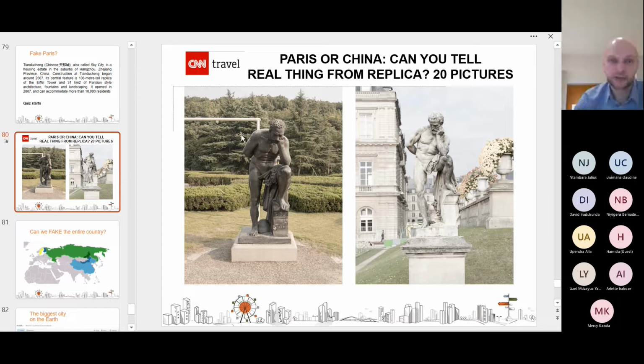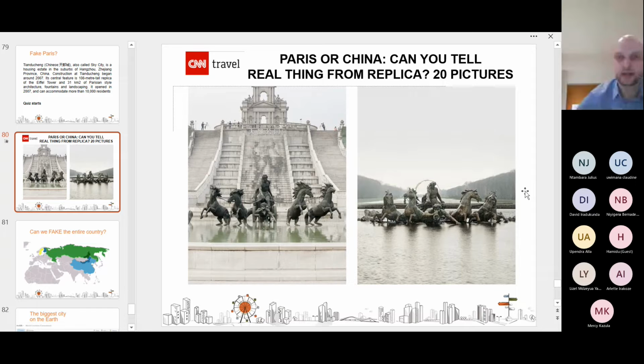Okay, so here it's obvious that this pipe shouldn't be in a real Paris, right? So this one represents France. This one, I think, will be a bit easier because here you can see 4 Chinese hieroglyphs. It's written like Tiantou Park.